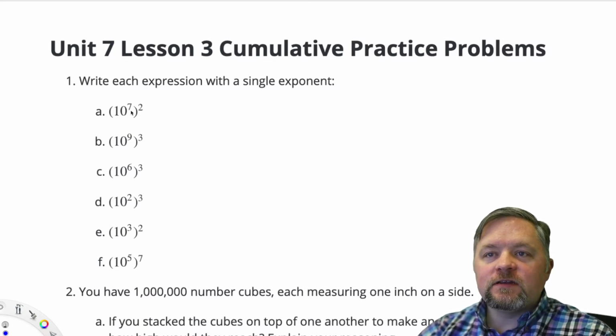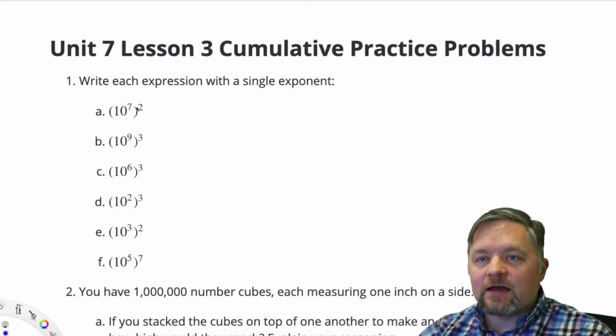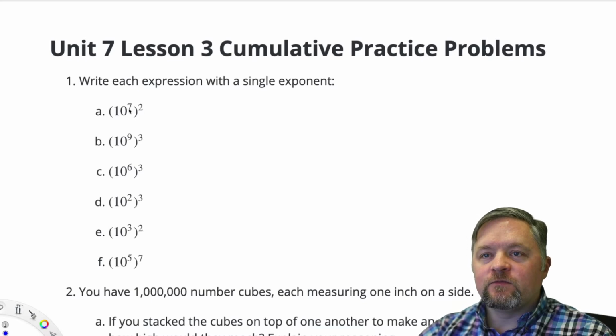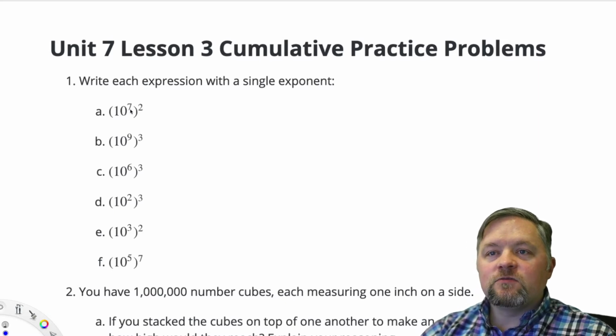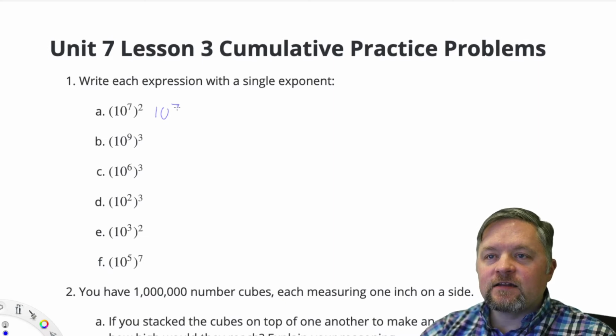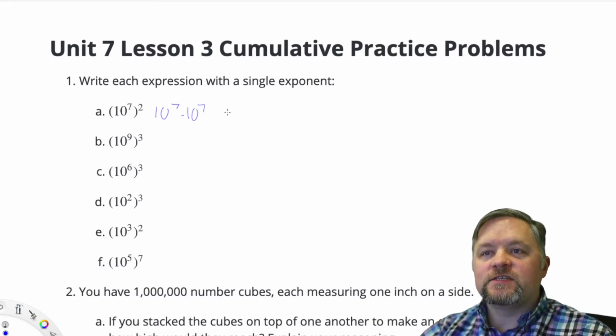Well, we have 10 to the power of 7 times 10 to the power of 7, because that's what we're doing when we take 10 to the power of 7 and square it. If we take something and then raise it to the power of 2, that means we're multiplying it by itself. So 10 to the power of 7 to the power of 2 is kind of like saying 10 to the power of 7 times 10 to the power of 7.